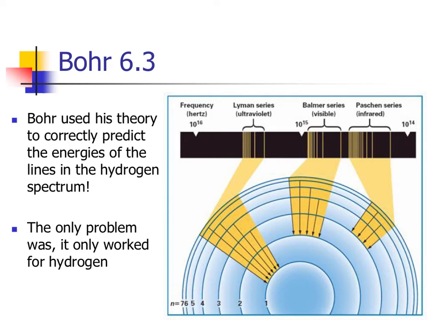So now all of a sudden you're like, okay, this is great, this is awesome, but then maybe he goes to helium. Probably not, because it might not have been known at the time. Goes to helium or goes to lithium, and it doesn't work. Then the question becomes, well, why did it work for hydrogen and it doesn't work for these other elements?